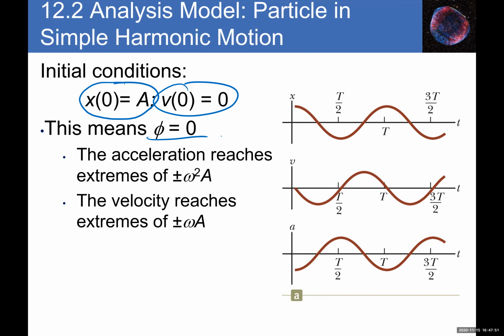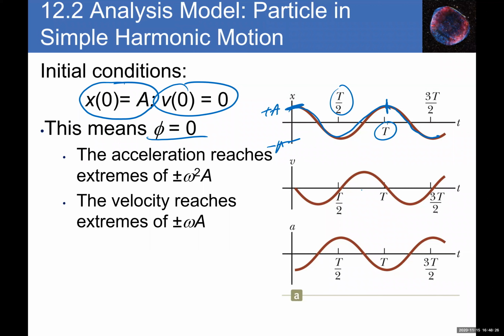And the acceleration reaches extremes of plus or minus omega squared A. Velocity reaches extremes of plus or minus omega A. Okay, that means I can look at it and do this graph, and you can see, right, if I start from plus A, then my graphs look like this, where the time to go from plus A to negative A is basically half of the period T. And then the same thing with velocity, right?